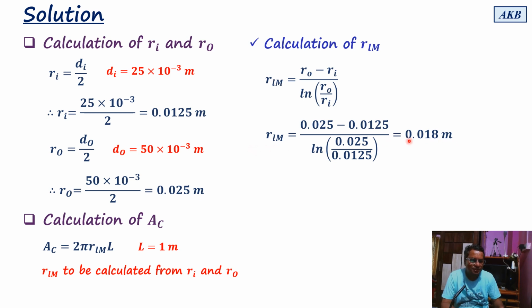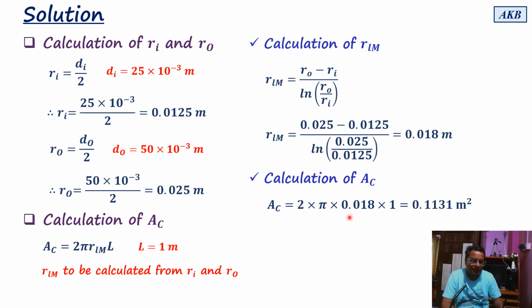So r_LM is 0.018 meter. Now that r_LM is known, we can use this formula to get the area AC. AC is equal to 2 into pi into 0.018 into 1. All the values are used in the equation, and you get AC as 0.1131 meter square. So the area through which diffusion is going to take place is 0.1131 meter square.